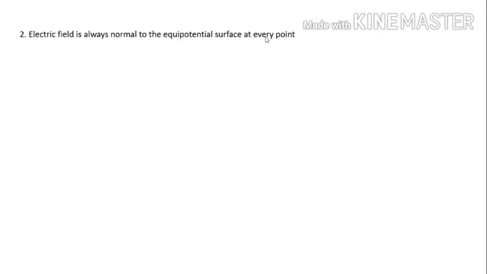This is our second point. Now here, what did we say? The electric field is always normal to my equipotential surface at every point. Okay.